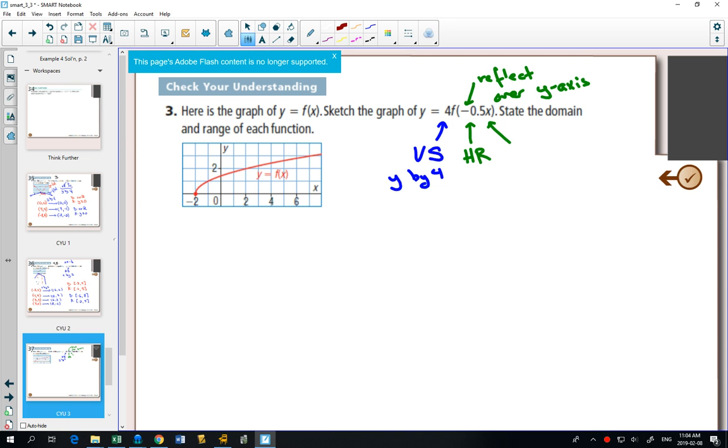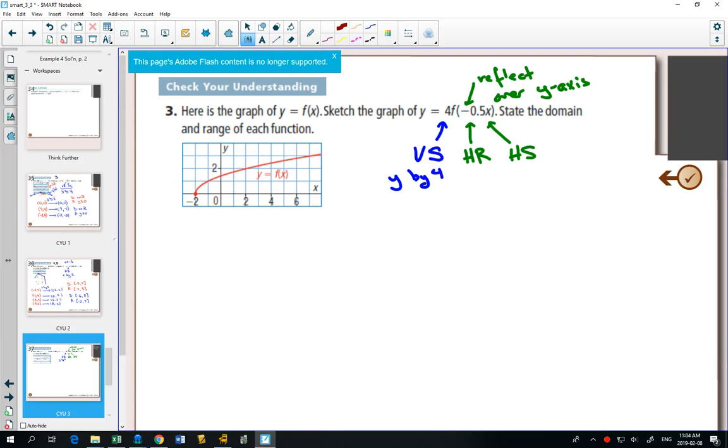Maybe make a note that it's a reflection over your y-axis, and then your 0.5 will be a horizontal stretch. Remember that inside the function, you would do the reciprocal. 0.5 is 1/2. You're actually going to stretch and multiply your x values by a factor of 2.